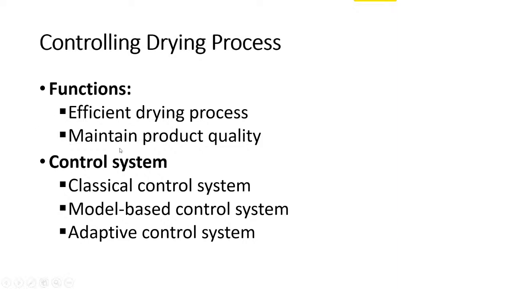And the second one is to maintain product quality. And the control systems that we can use are the classical control system, using probes and a controller to change the operation parameter, then the model-based control system, and the last one is the adaptive control system.